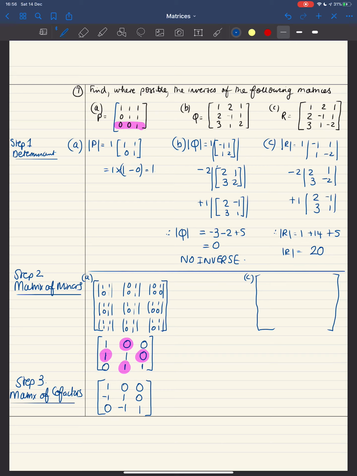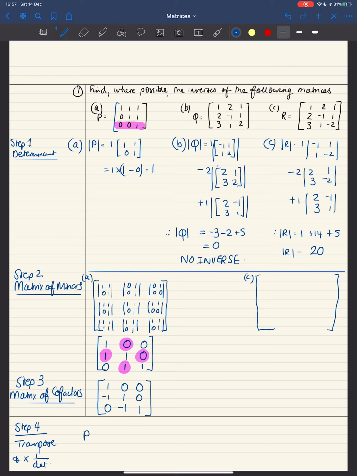And then step 4, you take the transpose of what we've just done and multiply by 1 over the determinant. And that's the actual inverse.